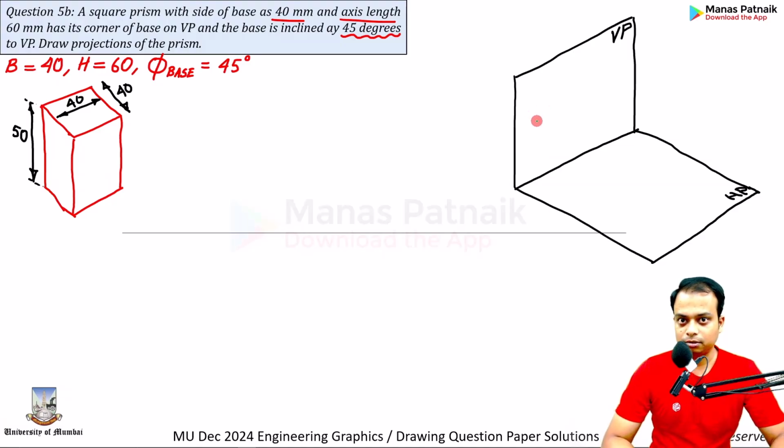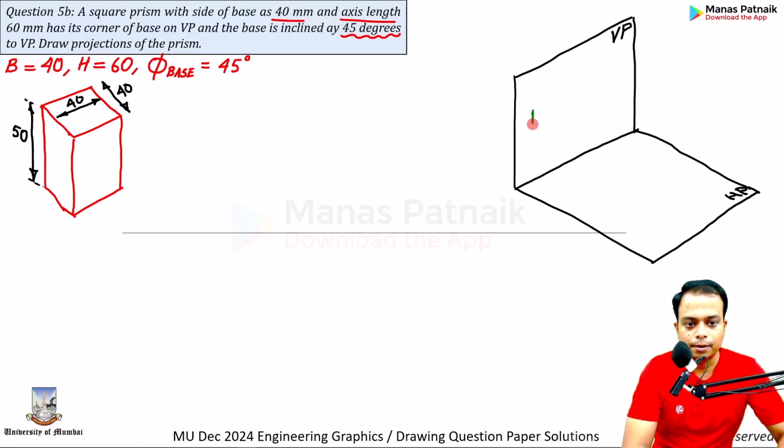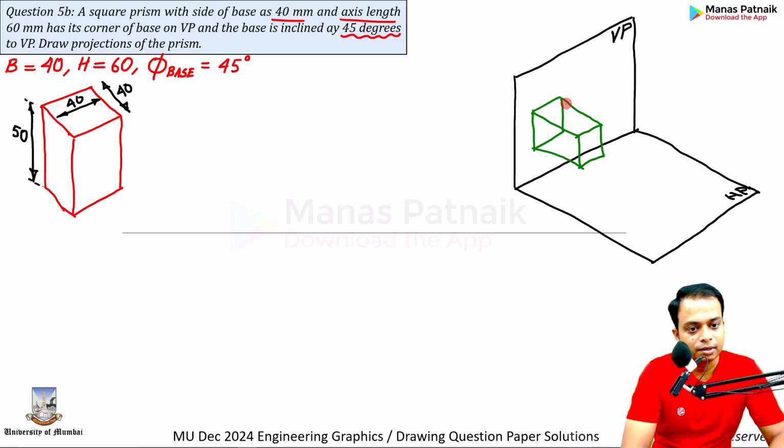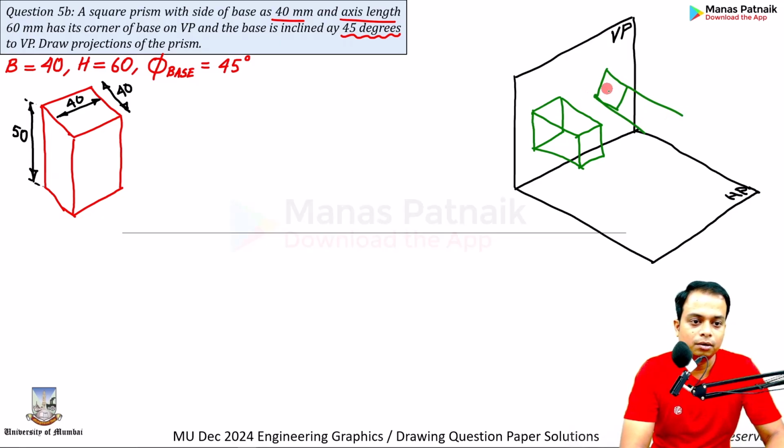What sort of a front view are you going to make? Let me give you 2 options. I'm going to keep the solid in 2 different fashions. Take a look. Please let me know which amongst the two is the correct way of keeping a solid. Is it option number 1, or is it option 2?